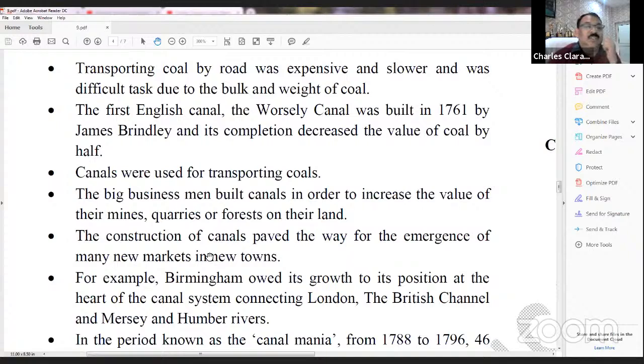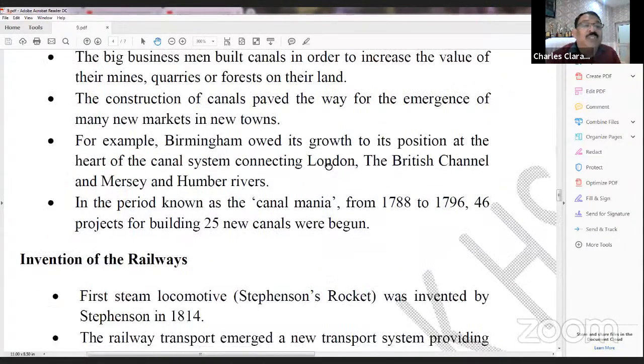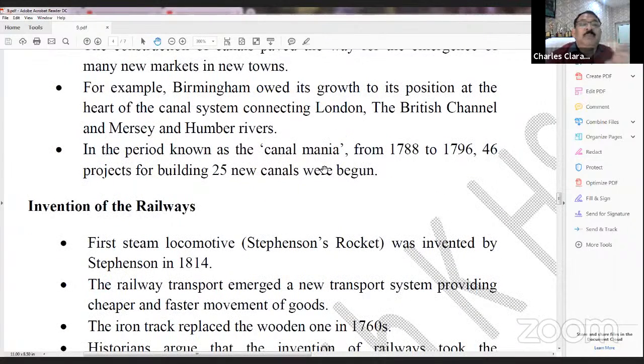Okay, so then I told you it made emergence of a new market. New markets came up. New towns came up. For example, Birmingham owed its growth to the position of the heart of the canal system connecting London.